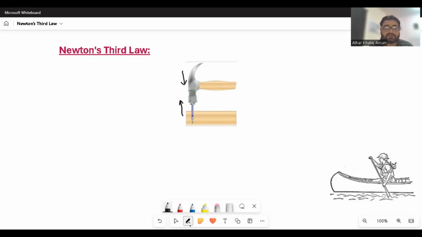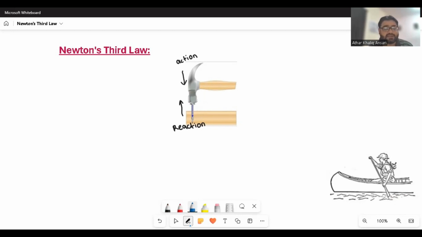So I can use the word: the force which we applied, or the force of the hammer, is actually the action, and it is on the nail, and on the opposite side there is a reaction of the nail, and this reaction is opposite. So what Newton told us is the same thing.